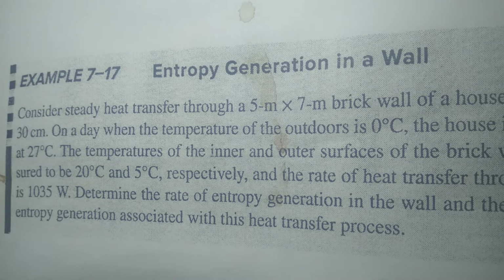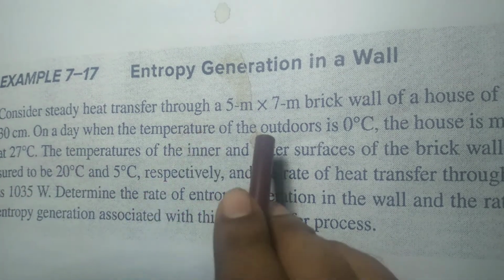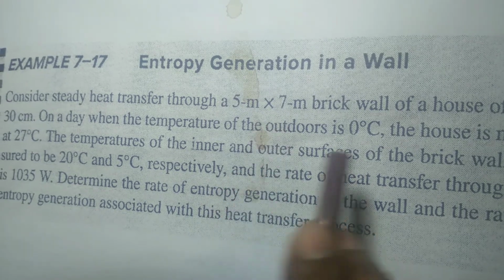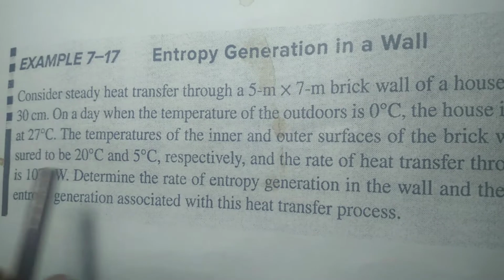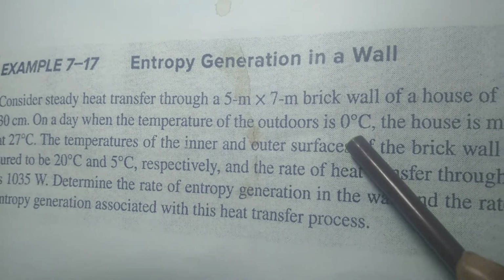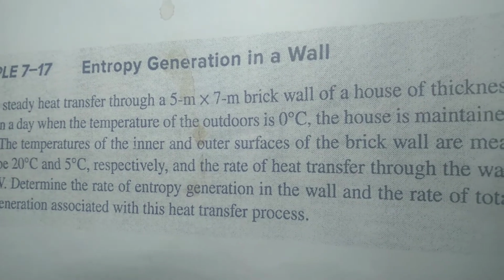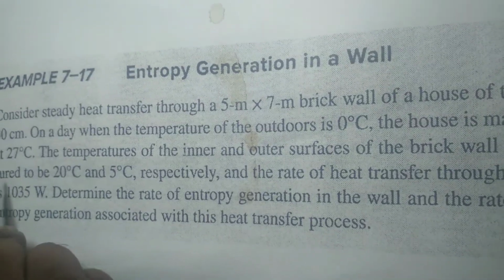So let's get started. The first question is like this. Consider a steady heat transfer through a 5 meter into 7 meter brick wall of a house of thickness 30 cm. On a day when the temperature of the outdoors is 0 degrees Celsius, the house is maintained at 27 degrees Celsius.